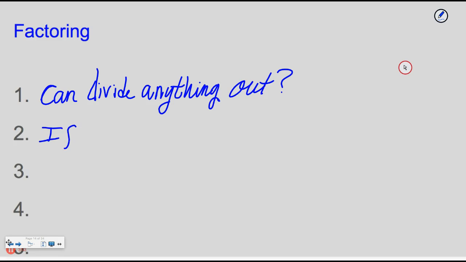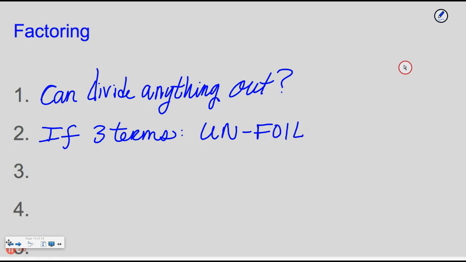If 3 terms, generally what you do is you factor by what I call unfoiling. So that's that kind where you look at what's going on out front, you look at what's going on in the back, and you try to create what's in the middle.